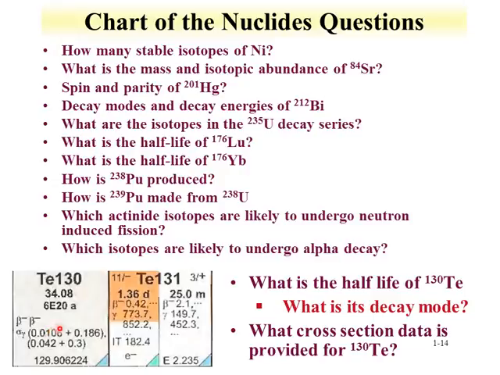Well, there are 2 data sets here. And you see that the tellurium-131 has an isomeric state. So here's the thermal neutron going to the isomeric state, thermal neutron going to the ground state, resonance to the isomeric state, resonance to the ground state.